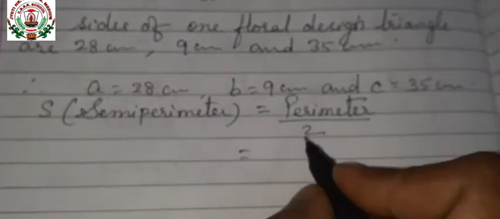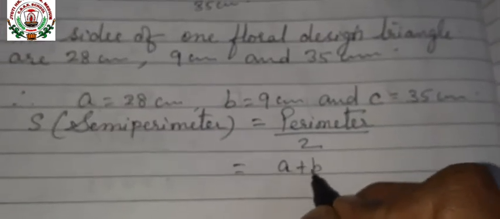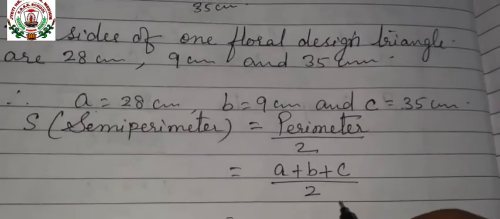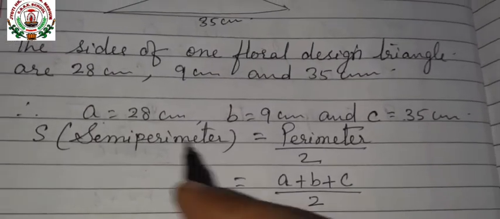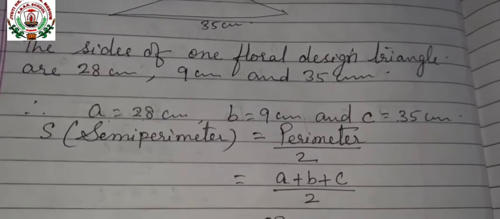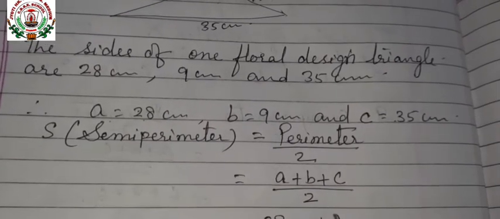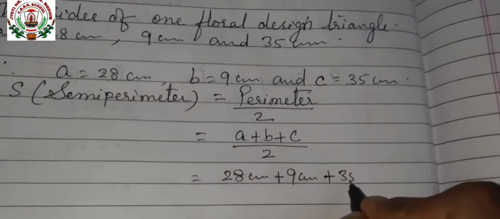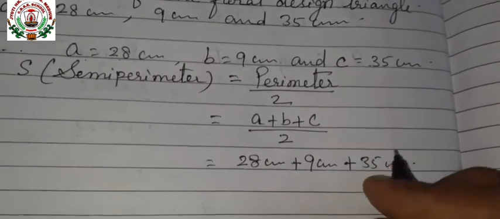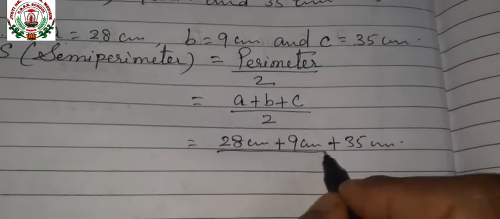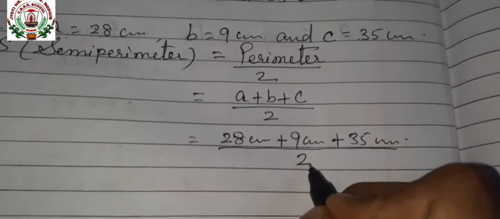We know that perimeter means A plus B plus C upon 2, which equals 28 cm plus 9 cm plus 35 cm upon 2.